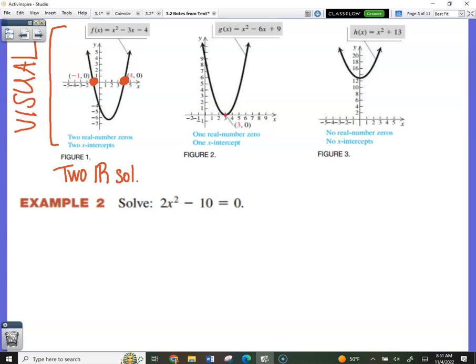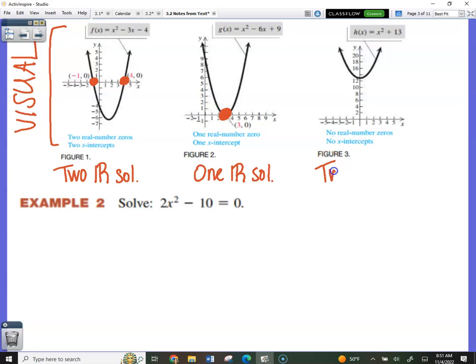If it is sitting on the x-axis, you have 1 real solution. If it is above the x-axis opening up, or if it's below the x-axis opening down, that means it's not crossing the x-axis, that means you have no real solutions.